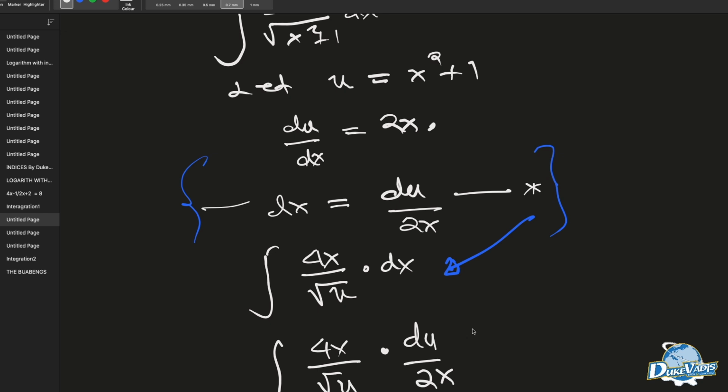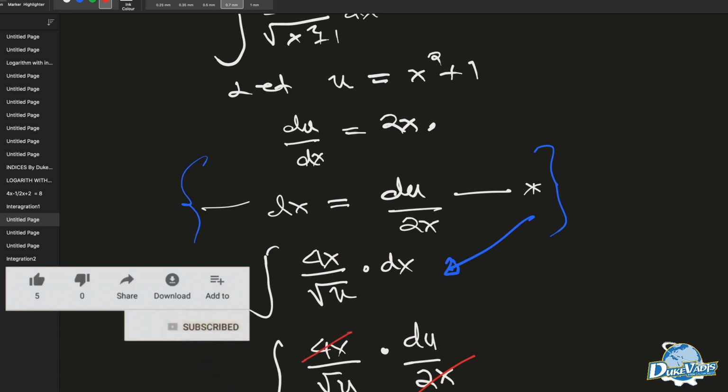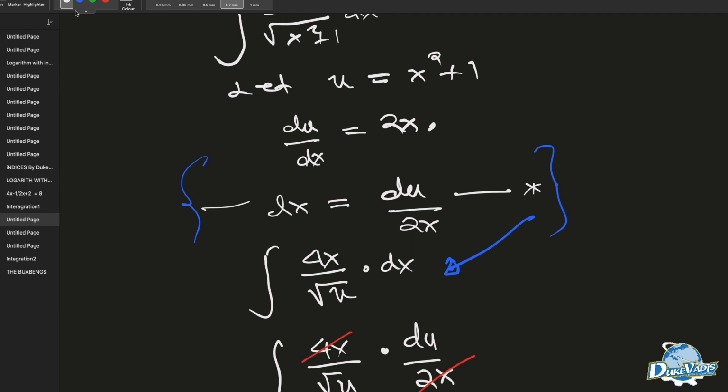We realize that we can do some cancellation. We cancel this and that, and we will be left with 2. So our integral now is given as 2 out, du over the square root of u.